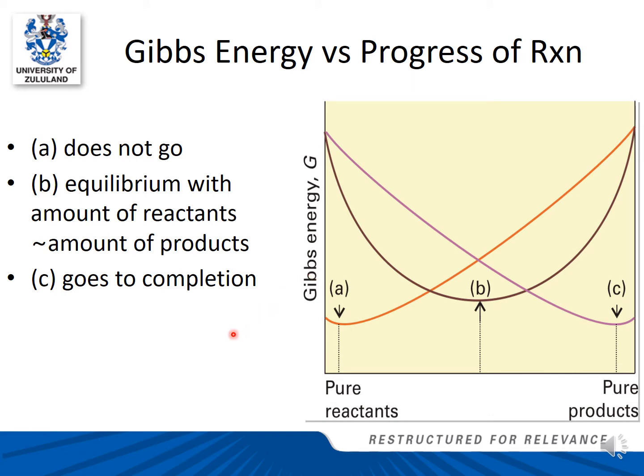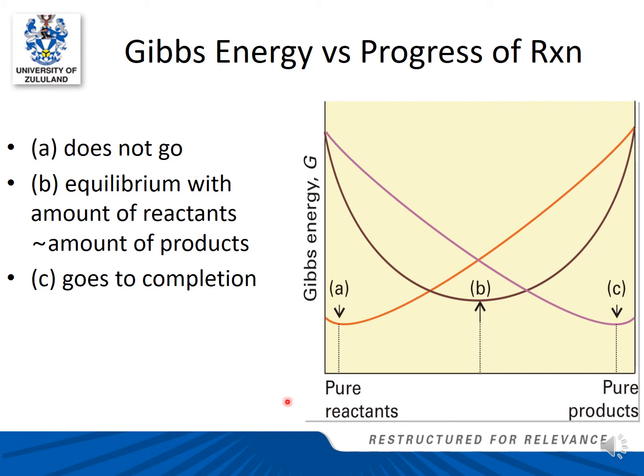One question that one can ask is, how does the graph of Gibbs energy versus the progression of reaction look like? So this is how the graph looks. When you plot this graph, you plot the Gibbs energy along the y-axis, versus the extent of reaction, or the progress of reaction, along the x-axis.